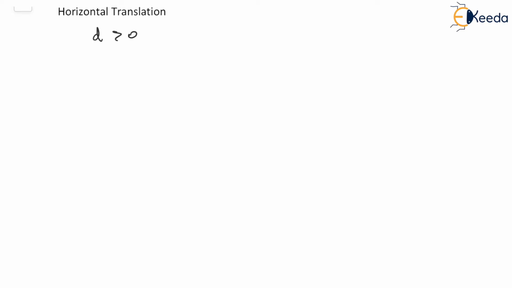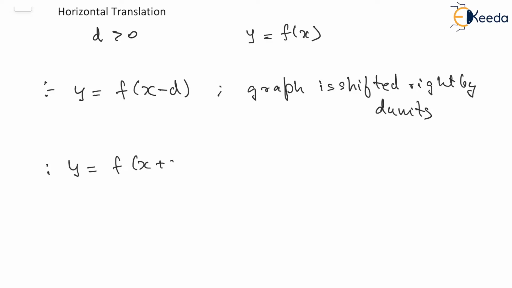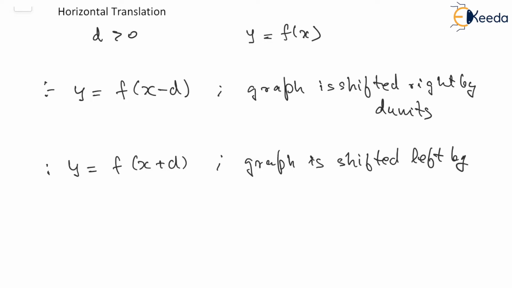In that case, with the initial graph, that is y equal to f of x, if we make the changes, that is y equal to f of x minus d, then the graph is shifted right by d units, and if we have the graph y equal to f of x plus d, then the graph is shifted left by d units.